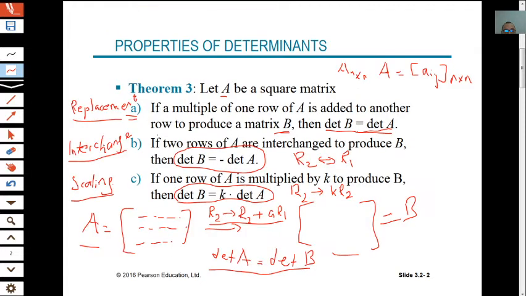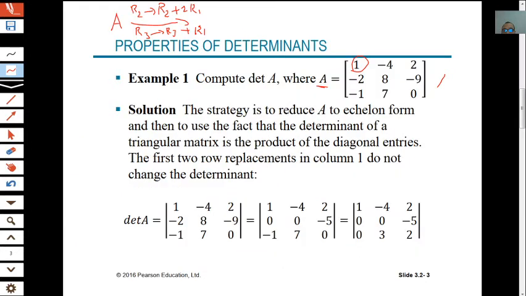According to the theorem, we apply replacement, which is the first part of this theorem. We have the same determinant. Okay, we can use the new matrix to find the determinant of the matrix A.